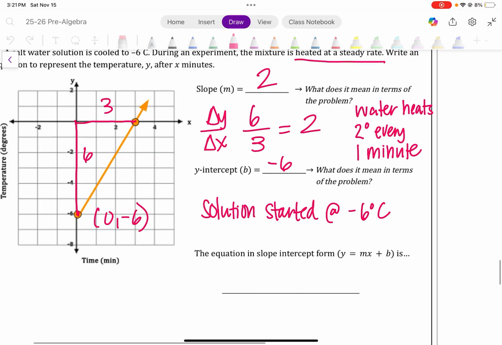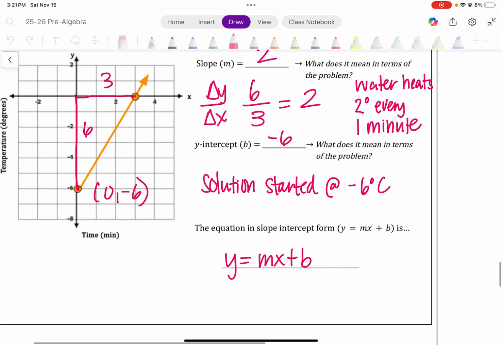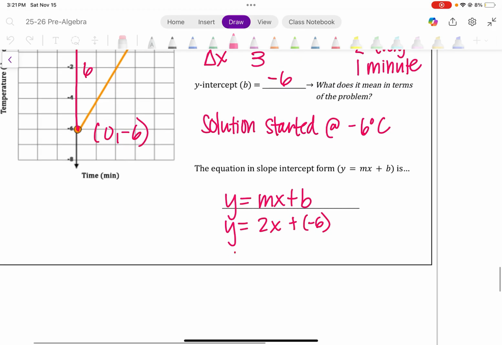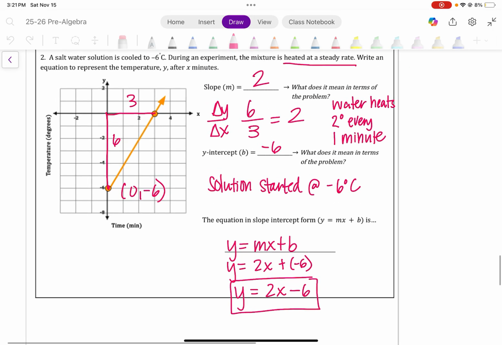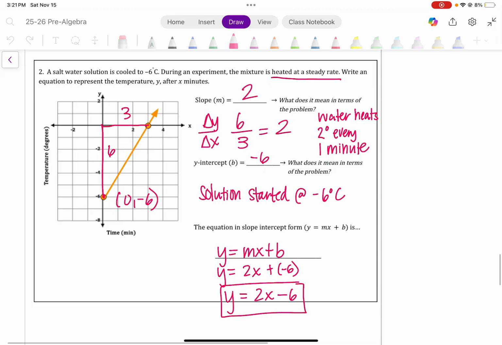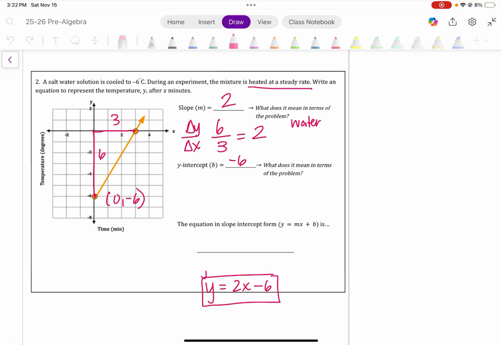So the equation in y equals mx plus b form, my slope is 2, 2x plus -6. Again, if you're in my class, you know I hate double signs. So 2x minus 6 is the equation to represent the y-intercept and the slope and how they work together, heating water from a certain starting point.